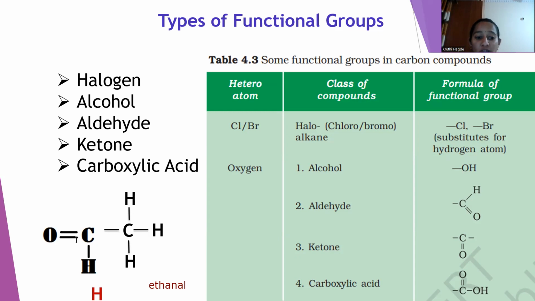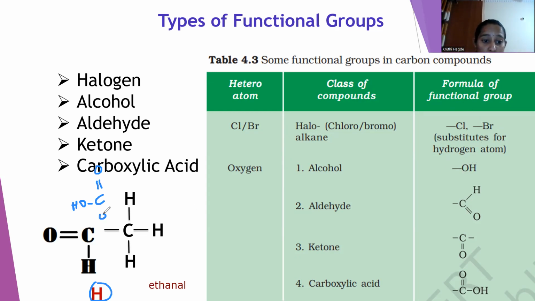Okay, so instead of CHO, it can also be C coming here. In this position, it can also be C double bond O, single bond OH, COOH. That's nothing but carboxylic acid. So in the place of hydrogen, it can be chlorine, it can be bromine, it can be OH also.